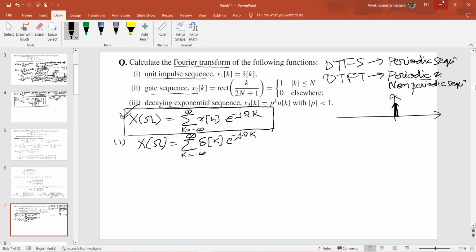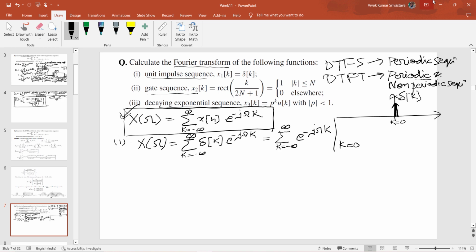So the summation can be evaluated as e raised to the power minus j omega k at k equal to 0.